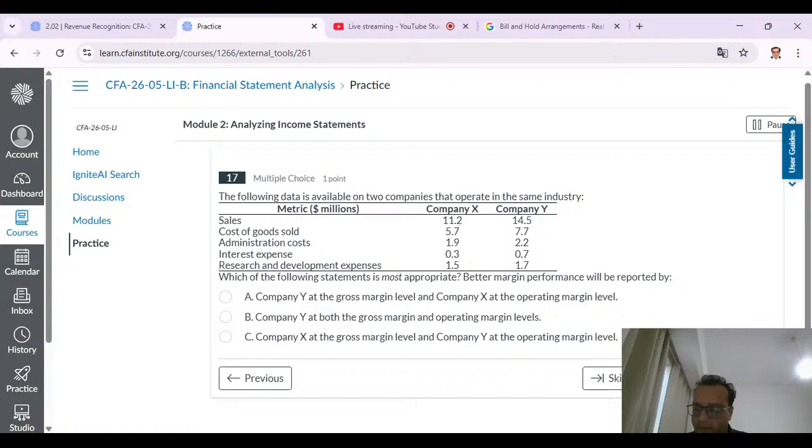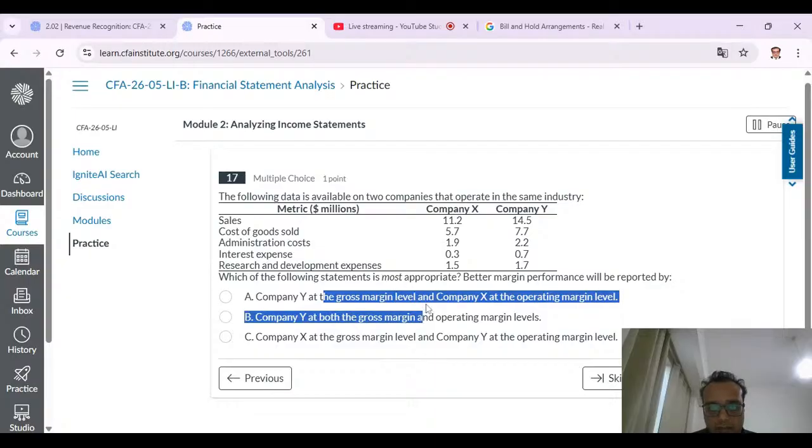11.2 minus 5.7, 5.5, 5.5 divided by 11.2 is equals to 49%। तो company X का gross profit इसमें ज़्यादा है, और 11.2 minus 5.7 less 1.9 less 1.5 is equals to 2.1 divided by 11.2 is equals to 18.75. तो company X at gross margin level, company Y at gross margin level, and company X at operating margin level.